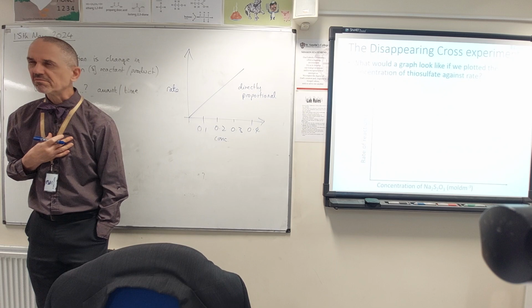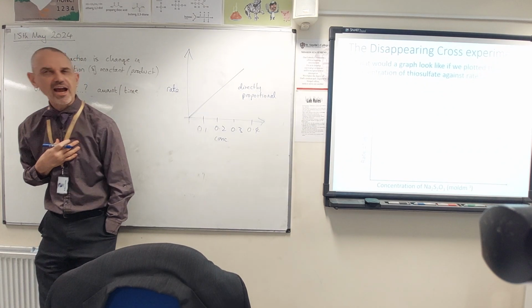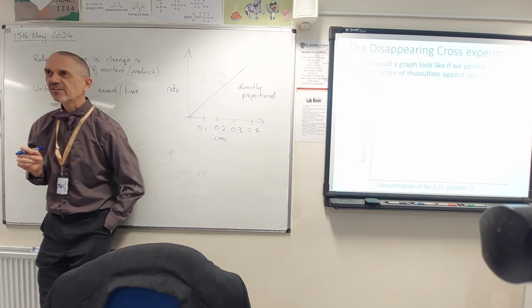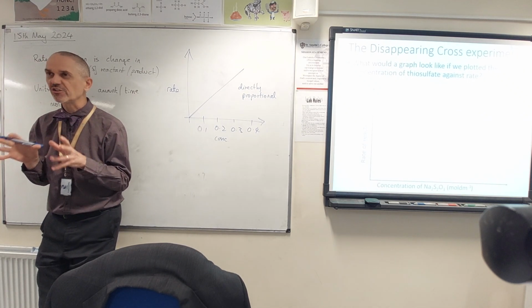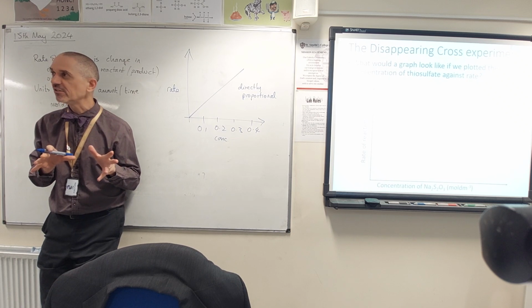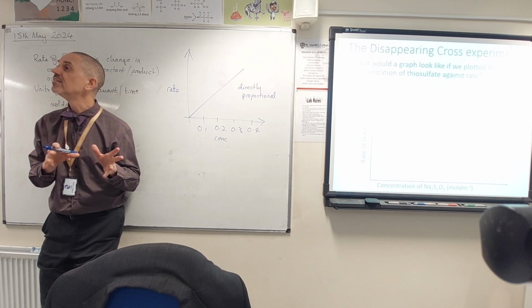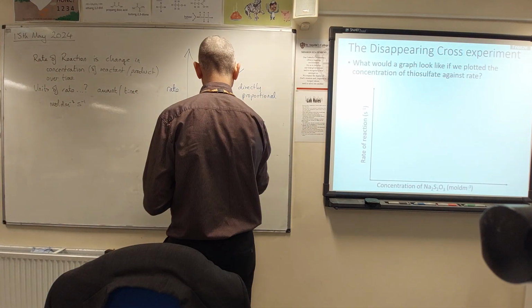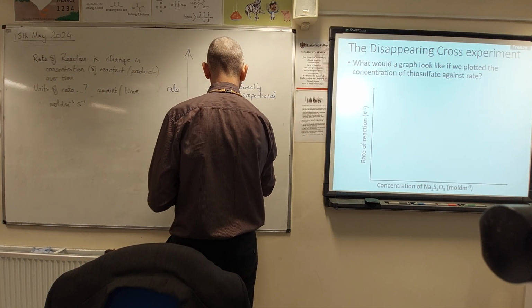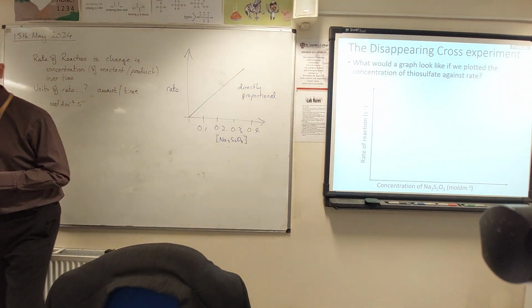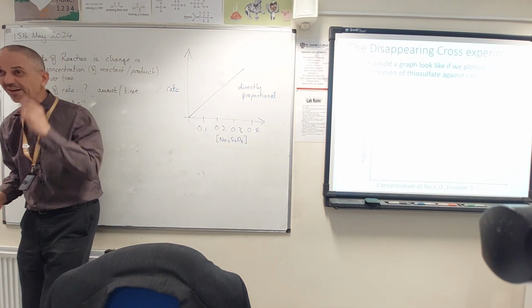Let's put some symbols on it. What's our quick way of showing the concentration of sodium thiosulfate? How do we write that in a sort of an economical way? We put square brackets around. So I could write concentration of sodium thiosulfate, Na2S2O3.